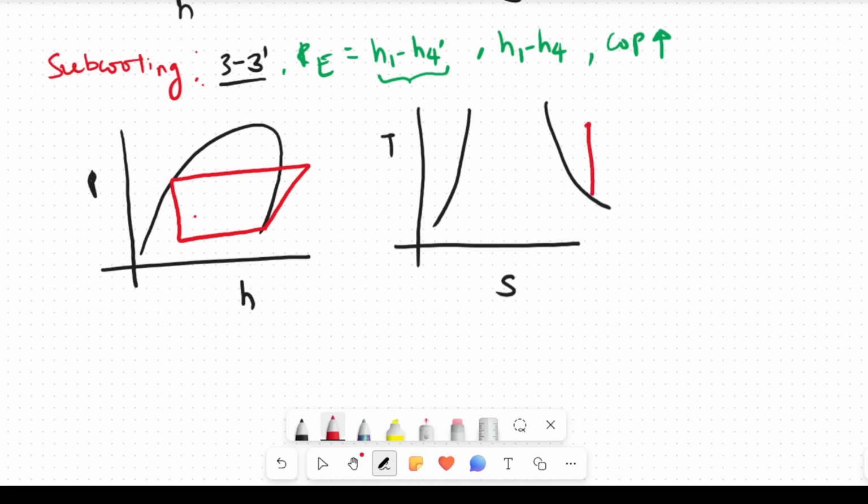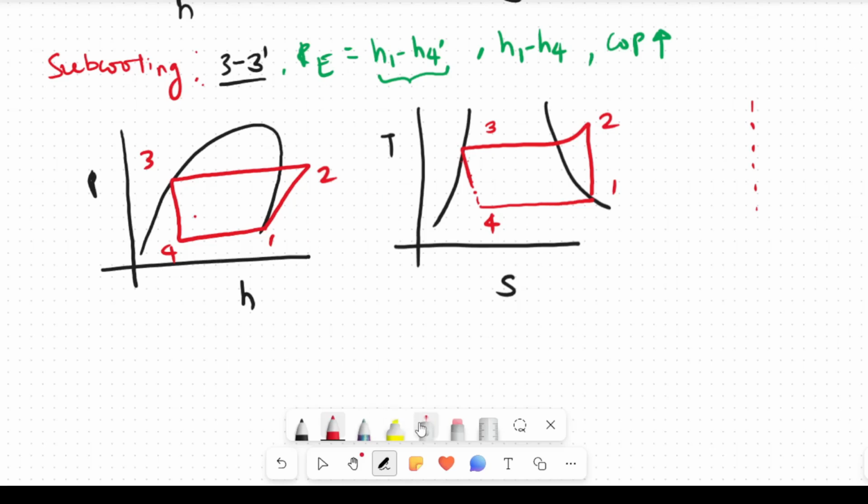So 1, 2, 3, 4. Understand, friends? This 3 to 4 line should be dotted in case of TS diagram. Okay, why? I'll explain it in some of the videos.